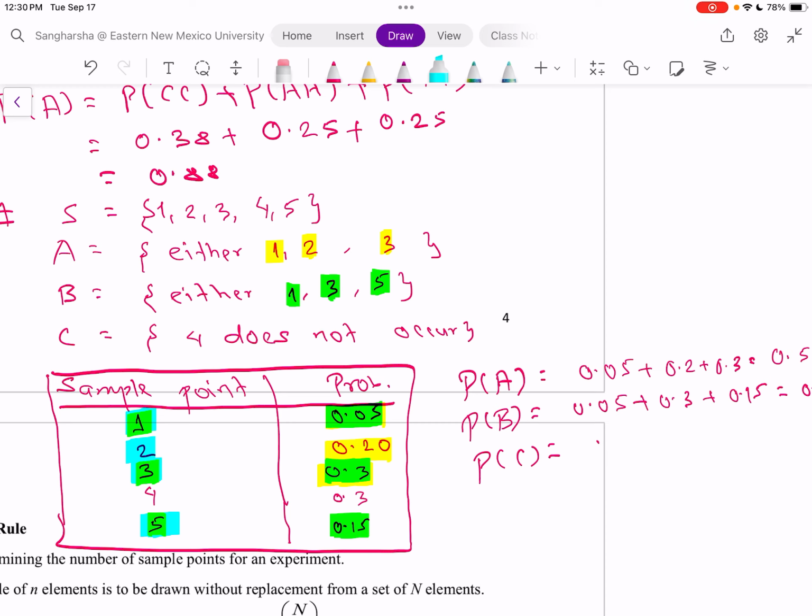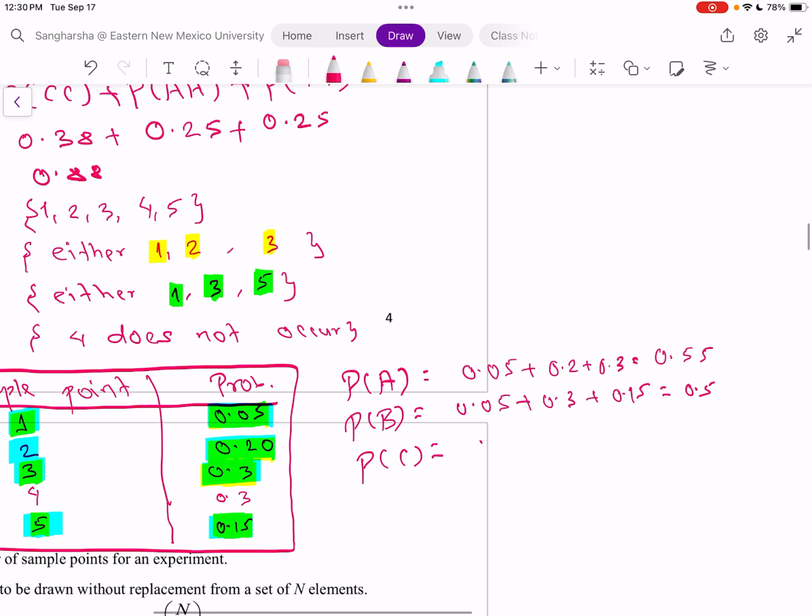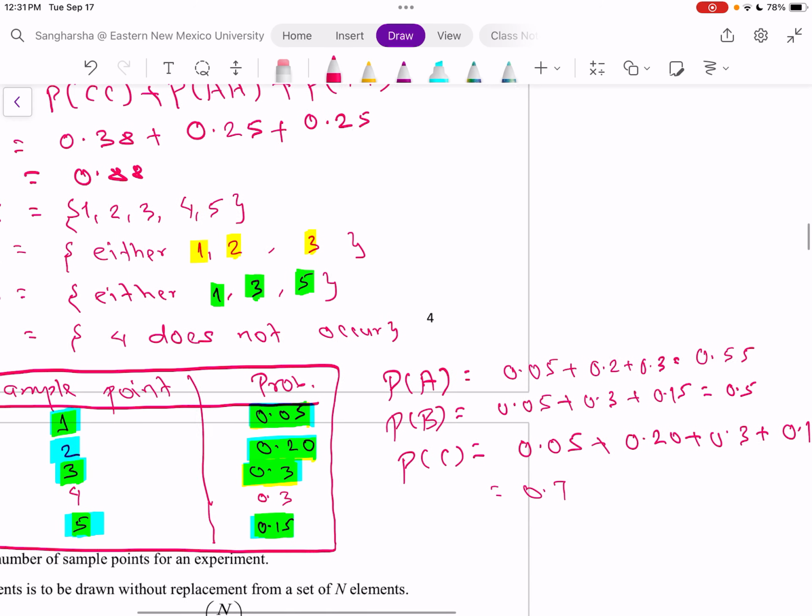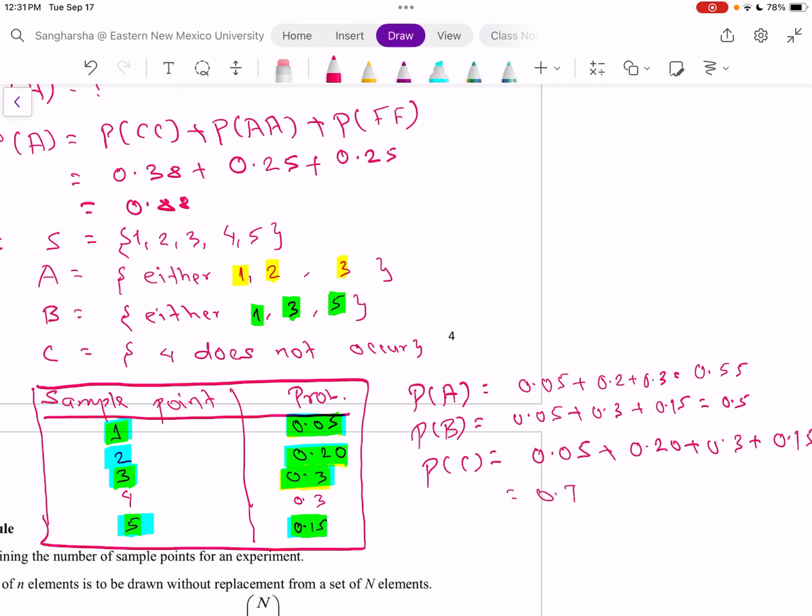So you are adding the probabilities 0.05, 0.20, 0.3, and 0.15. Is it 0.7? Okay, so these are the probabilities. Do you have a question on this example?